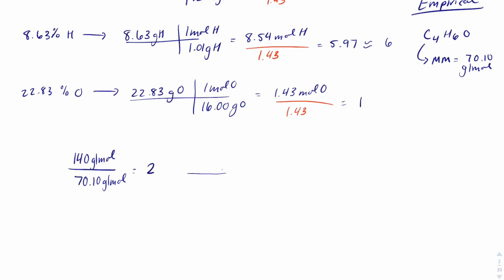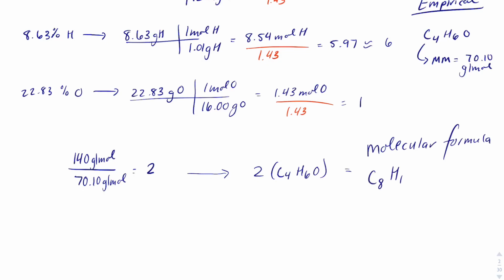And so what does that mean? That means I'm going to take 2 times C4H6O, and so my molecular formula, which is the actual formula, is going to be C8H12O2.